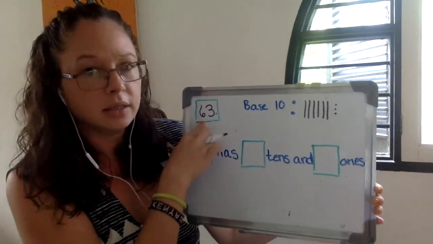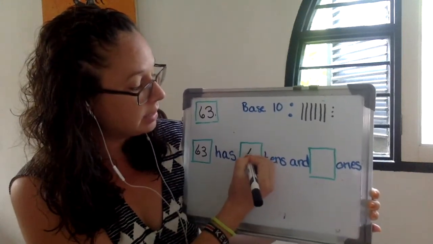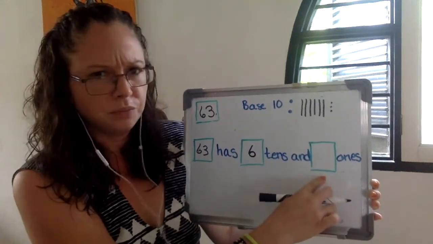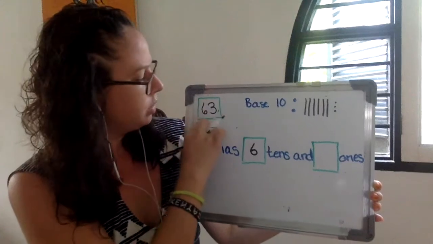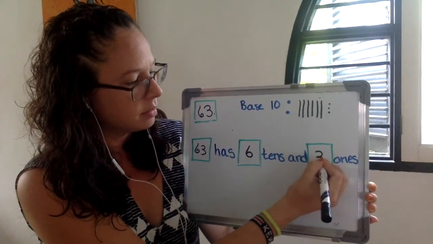Again, we'll go to the tens column and there's a 6 there. So we know 63 has 6 tens and ones. Look at the ones column, 3 ones.